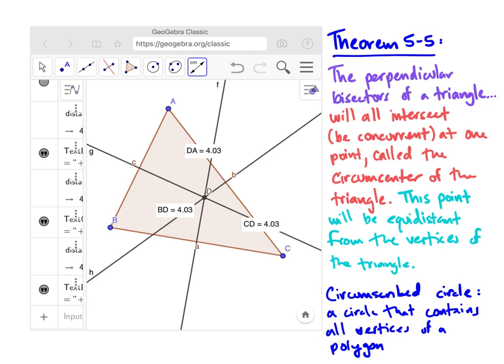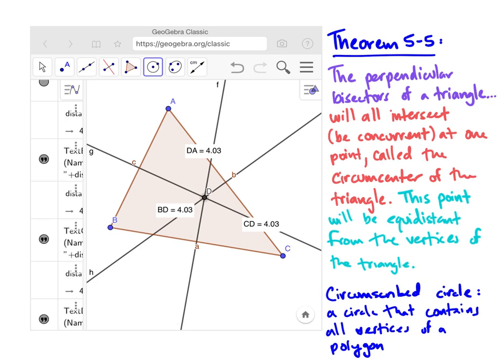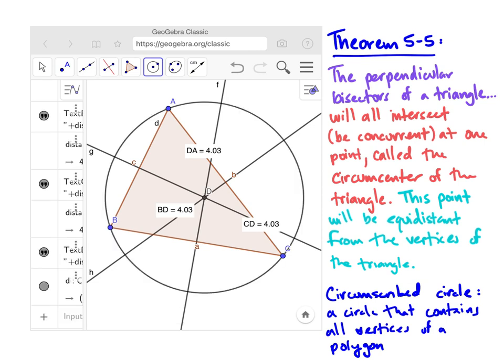Let me show you real quick what that's going to look like. I'm going to go back to my GeoGebra and select the Circle tool, and I'm going to make a circle that has a center at D that goes through C. And what we're going to notice is I told my program to make a circle with a center at D that goes through C, but it also goes through A and through B. The reason it makes sense that it does that is because the radius of a circle is the distance from the center of that circle out to any point that's on the circle.